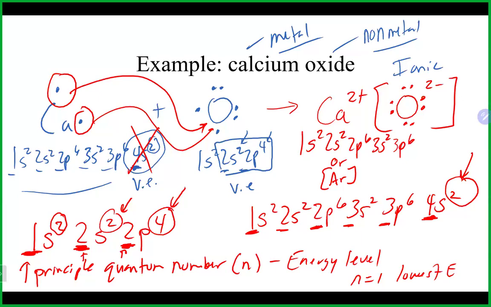Now, the good news is oxygen here has some room for them. And that's because a P subshell could hold a maximum of 6 electrons, and it only has 4 at this point. And those 2 electrons that calcium gave will actually end up right there with those other 4 electrons.